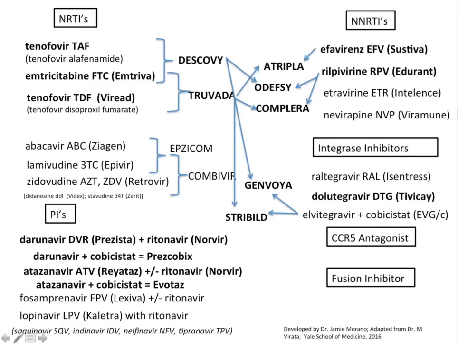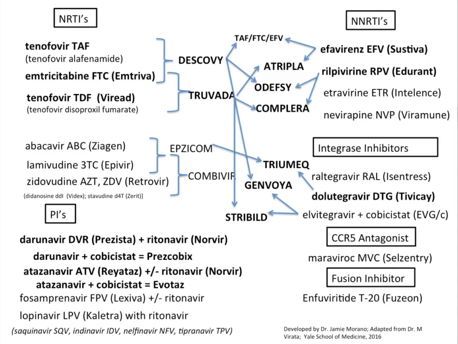And these are the older PIs that we really don't use anymore, and they're hard to find, and they have higher side effect profiles. The CCR5 antagonist is maraviroc, called Selzentry. The fusion inhibitor is Fuzeon, which is an injectable medication, which we don't use because it's very difficult to tolerate injections. So those are the main medications we're using now for antiretroviral therapies.